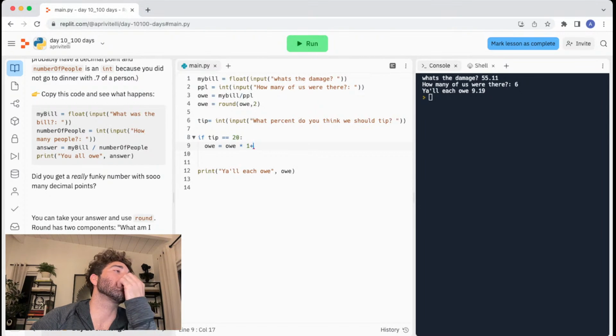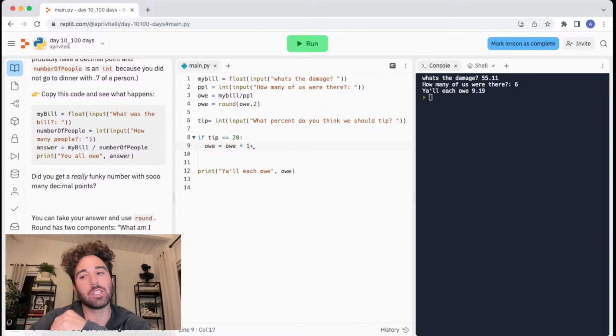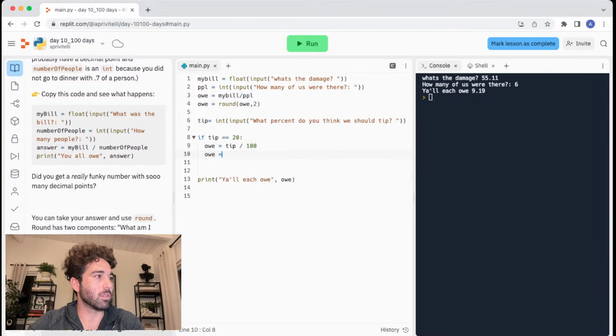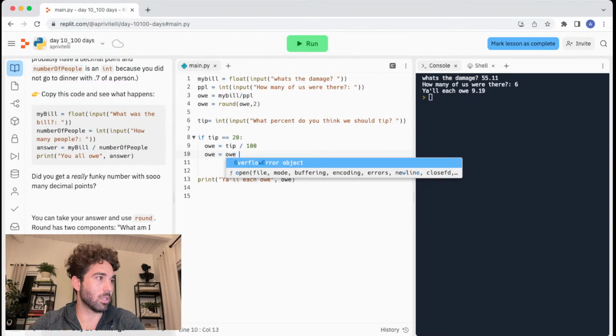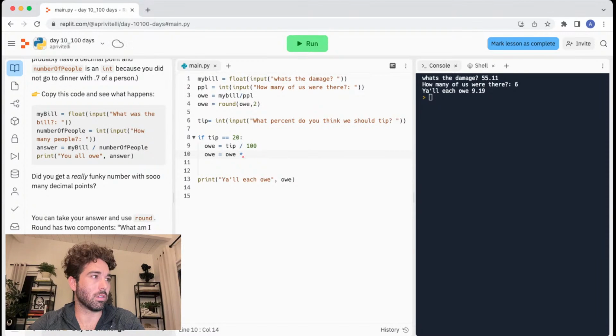How do we make this a decimal? There's an easier way. Okay. Well, tip equals tip divided by 100. Answer equals answer times 1 plus tip.